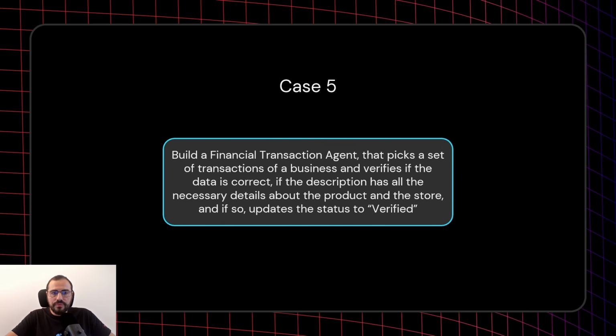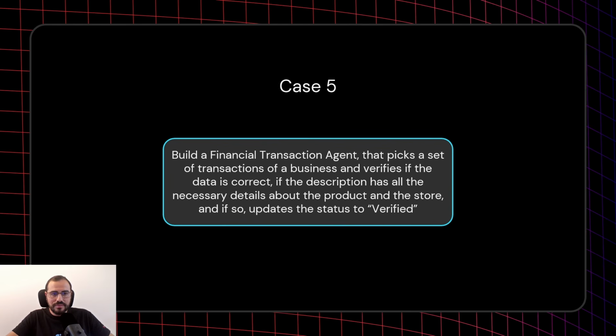And he also verifies in the description if there is enough information to track that transaction to a certain operation, to a certain order. So it checks if it has the necessary details about the product and the store and other details that might be necessary. And if so, he puts the transaction into the status of verified.